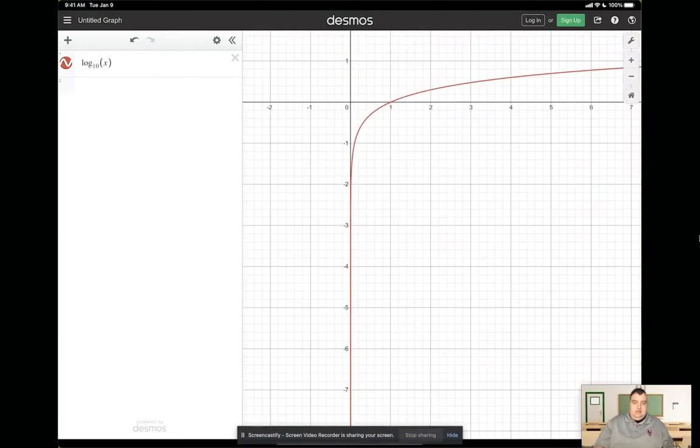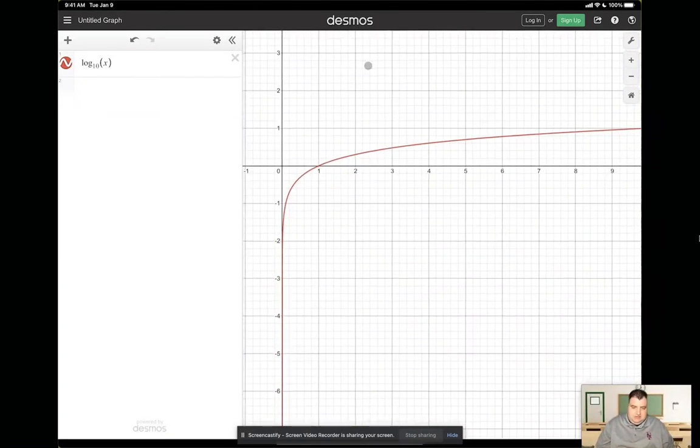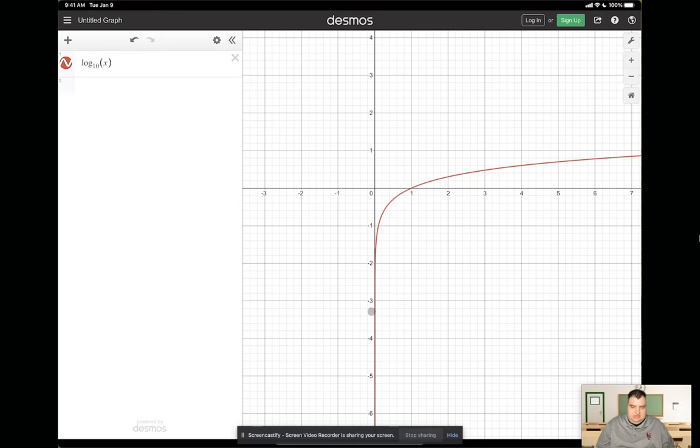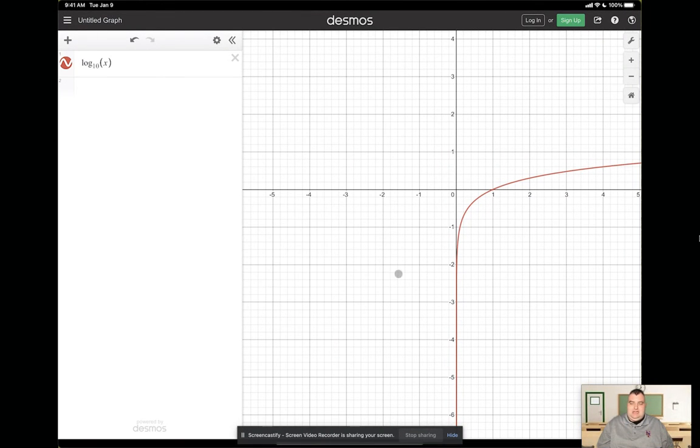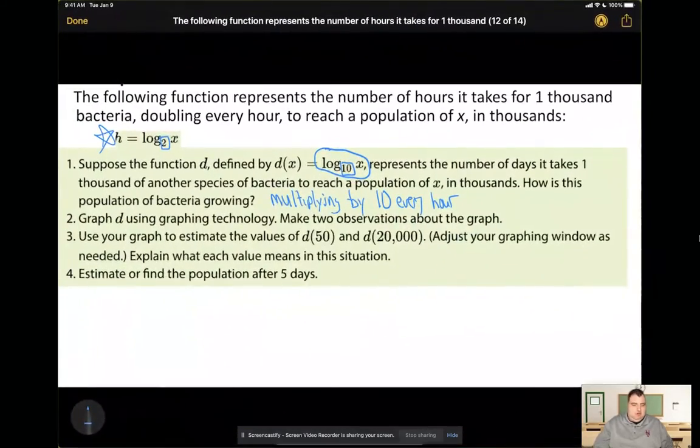It turns out for a logarithm graph like this, the y-axis here is a vertical asymptote. So the graph will always have positive x values. There are no negative x values. That's a consequence of the y-axis being a vertical asymptote. So that's one observation.